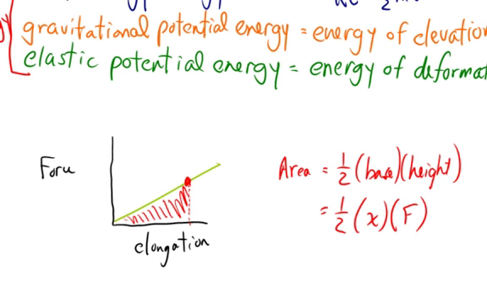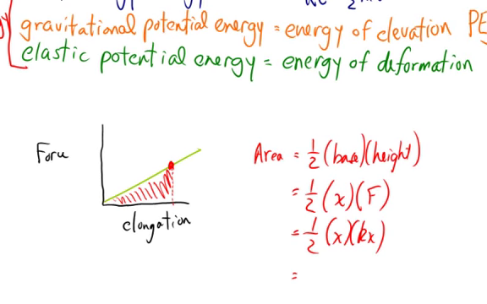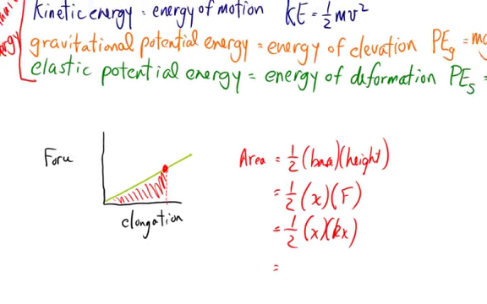But Hooke's law tells us that the force is equal to k times x, the spring constant times the elongation. And now when I put all that together, I find that the area of the curve is 1/2 kx squared. In other words, that's equivalent to the amount of elastic potential energy that the spring holds when it's deformed that amount.